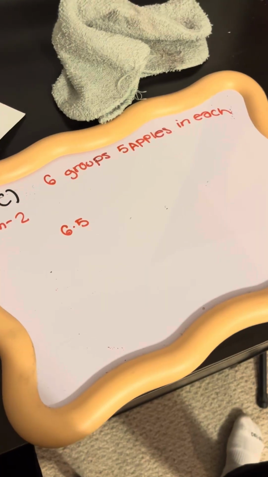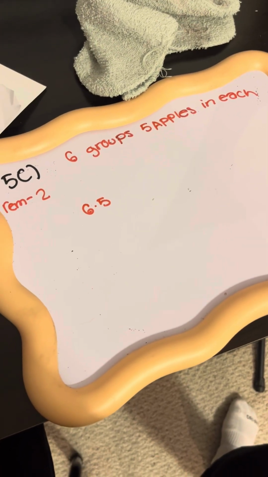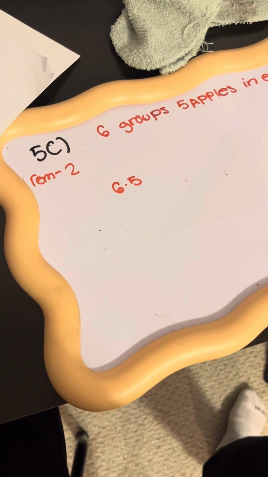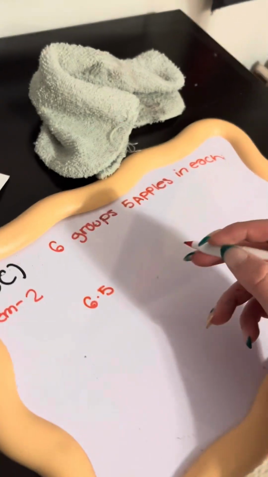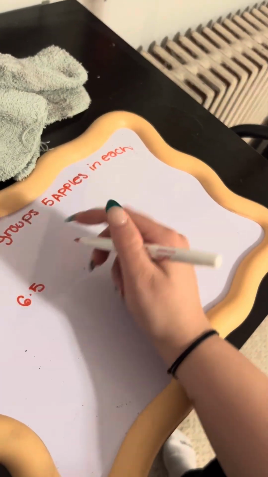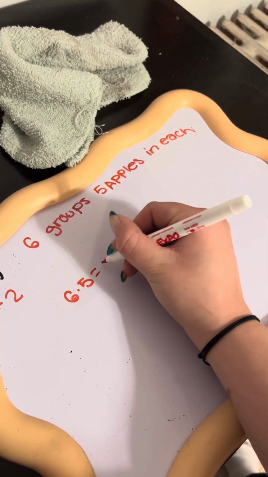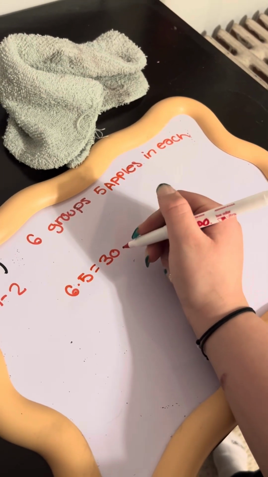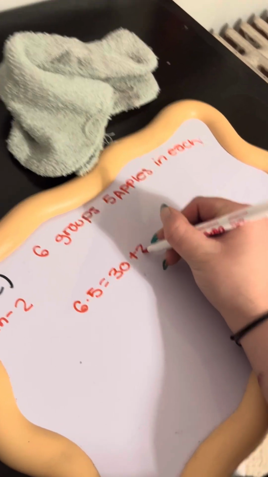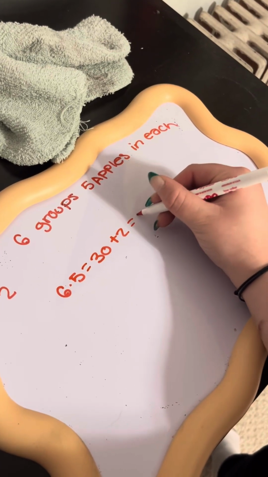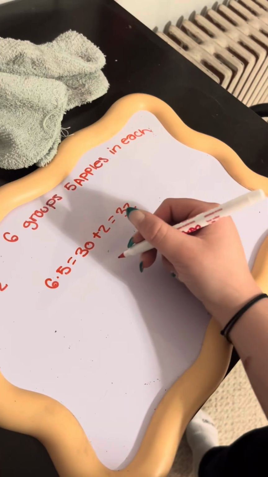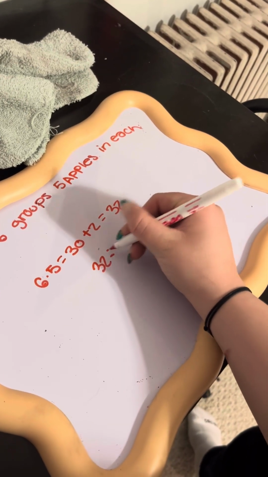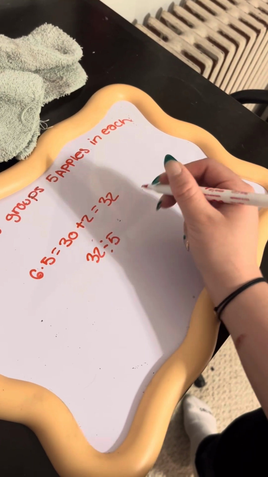For 5C, we have 6 groups with 5 apples in each, and we have a remainder of 2. So what we're going to do is 6 times 5 equals 30. And then we're going to add the 2 and get 32. Now we have to figure out 32 divided by 5.